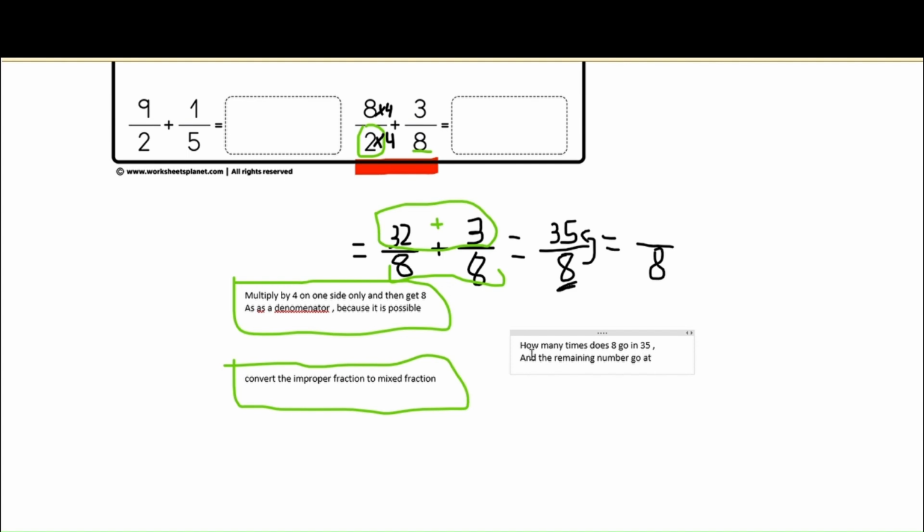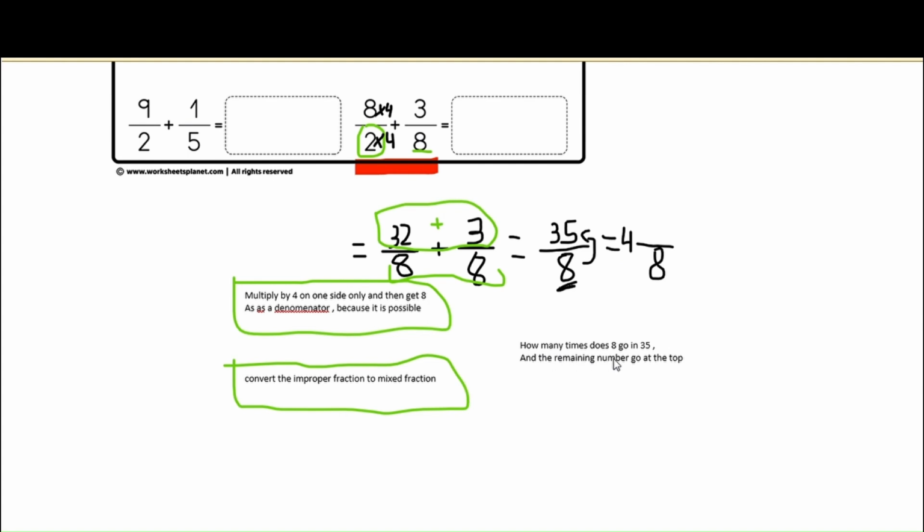We're working together, guys. How many times does 8 go in 35? And the remaining number goes at the top. But don't forget that. How many times does 8 go into 35? That number, you write it on the other side.